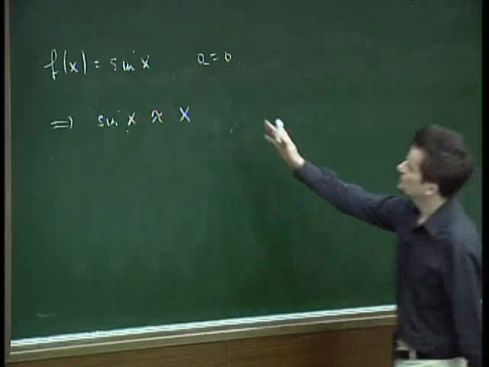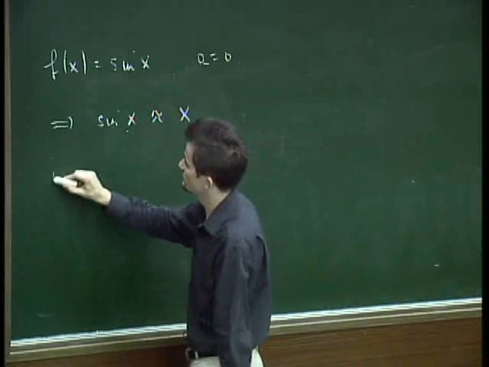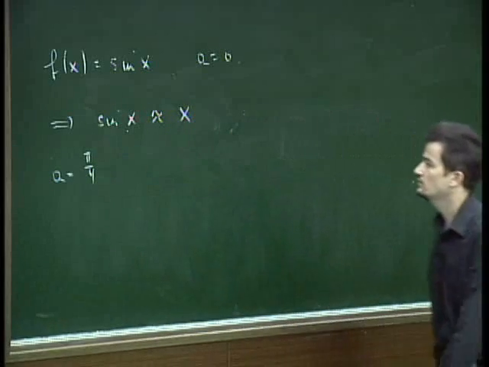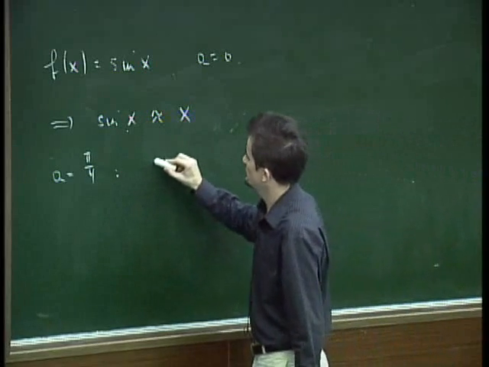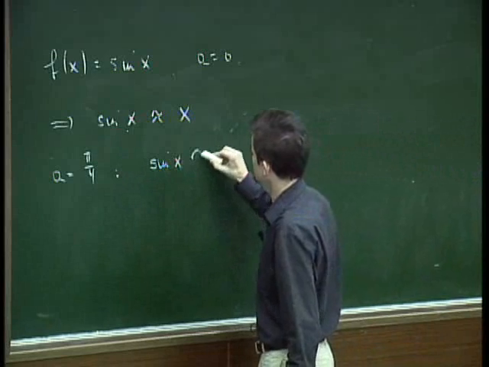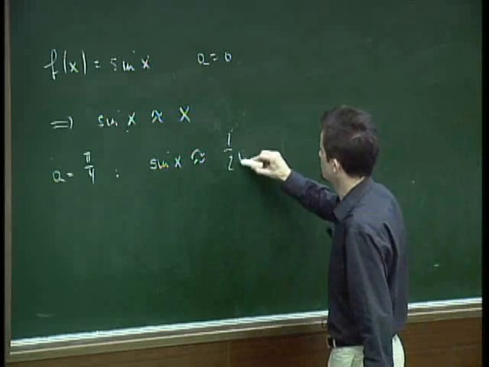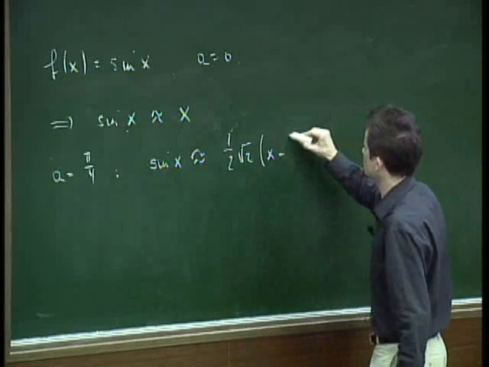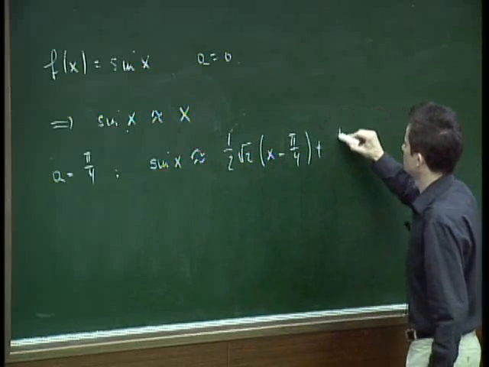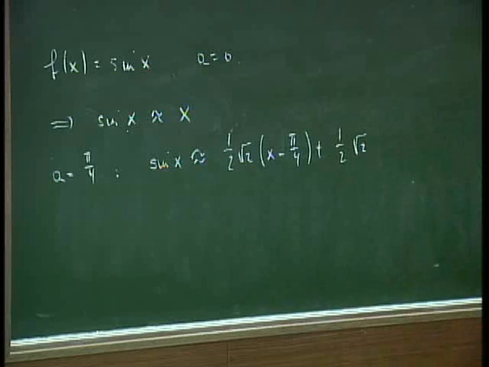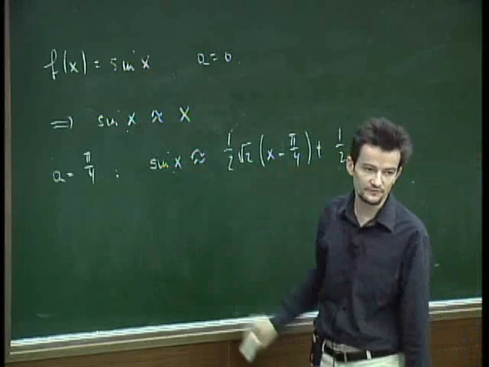Now, if you consider another point, a is equal to, let's say, pi over 4, of course, you get a similar approximation for the sine of x. We have the cosine at pi over 4, which is 1/2 square root of 2, times x minus pi over 4, plus 1/2 square root of 2. And this would be another approximation of sine of x.